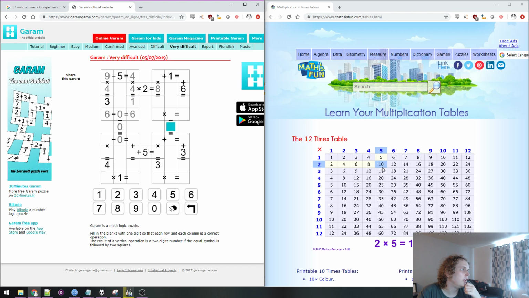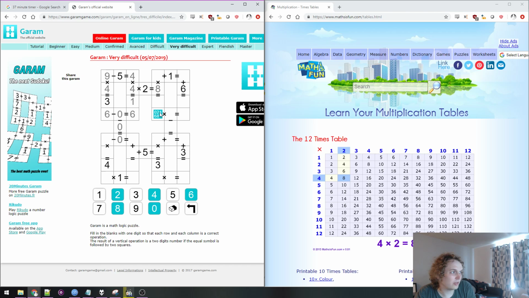Or maybe we should worry about that. I'm not sure where to attack next. Maybe up here. Something times 8. Could be anything times 8, though. Anything 8 or less times 8. So let's look at our 8s times tables and see what sort of numbers they end in. Could be 6, 4, 2, 0, 8, 6, 4, 2, 0.